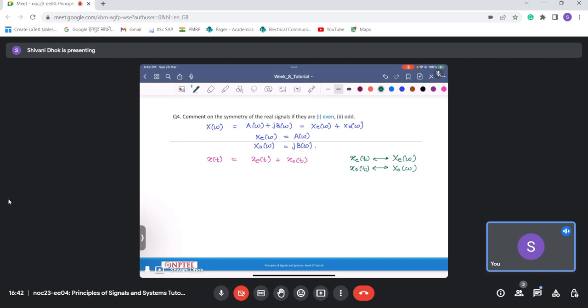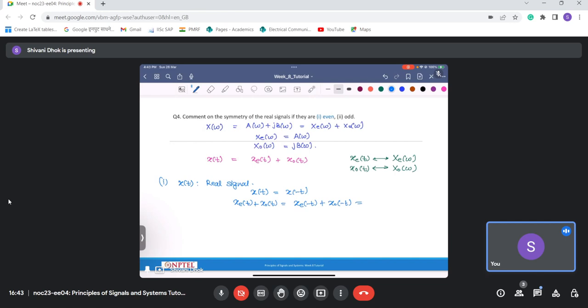Okay, now the first part that we have been given is that x(t) is a real and even signal. What does this mean? x(t) is equal to x of minus t, which is equal to xe of t. So I can write this as xe of t plus x odd of t, which is equal to xe of minus t plus x odd of minus t.